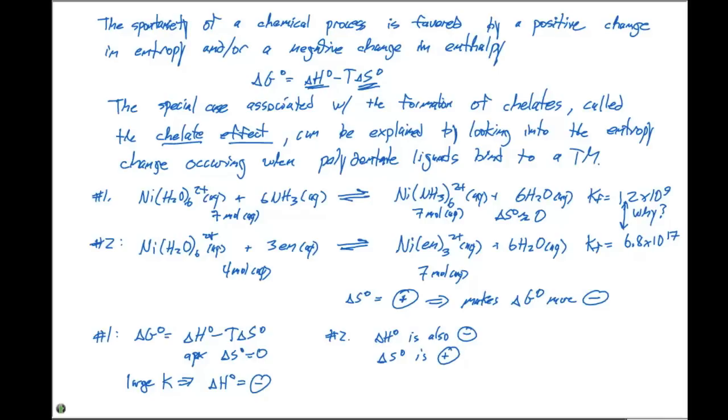So if we have delta G naught equaling delta H naught minus T delta S naught, and this is negative and this is positive, this is driven by enthalpy and entropy.